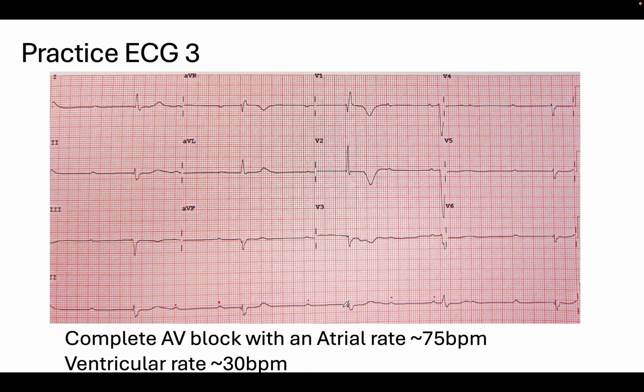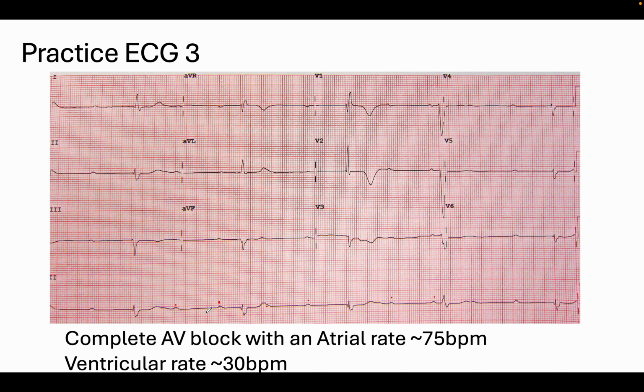Because it's not convention for first degree AV block to be that long. Could there actually be a P wave buried somewhere underneath here? And if you were to look closely, there is a P wave buried in that T wave somewhere. That T wave has superimposed itself on the P wave.